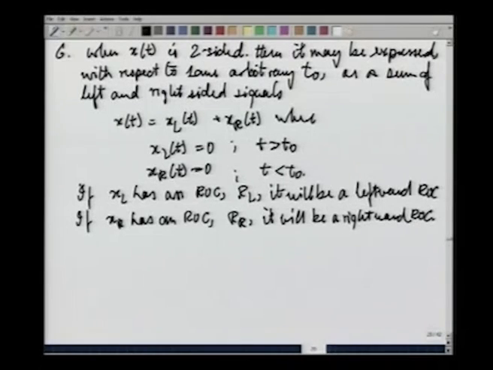Now, if both these things are true, then we can say that x t will have an ROC equal to R L intersection R R, if that intersection is non-empty.